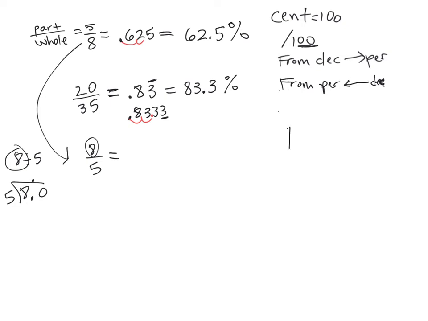So 1, by the way, 1.0, move the decimal 2 places, is 100%. So anything over 1 is over 100%. So in fact, this one is 1.6, which equals 160%.